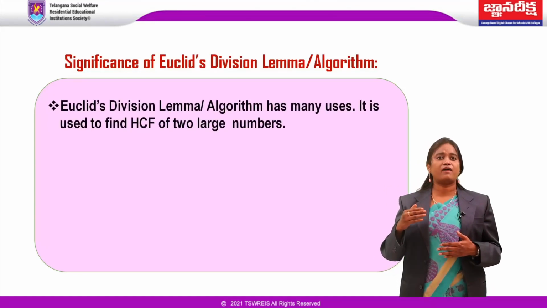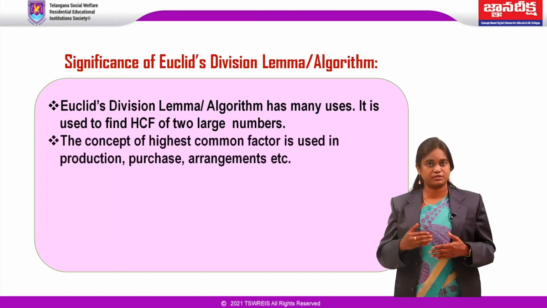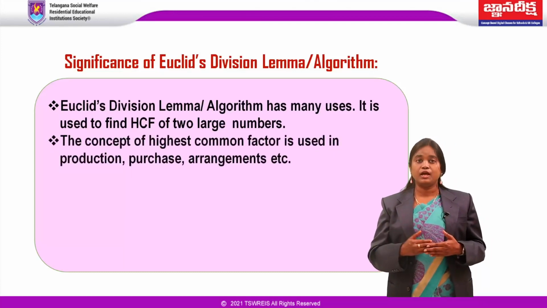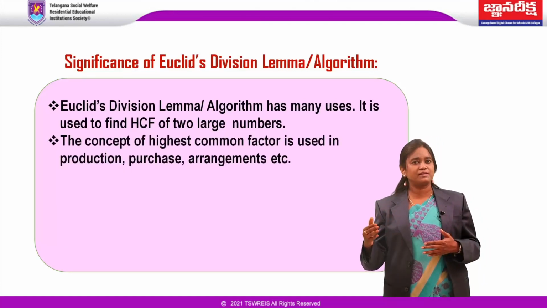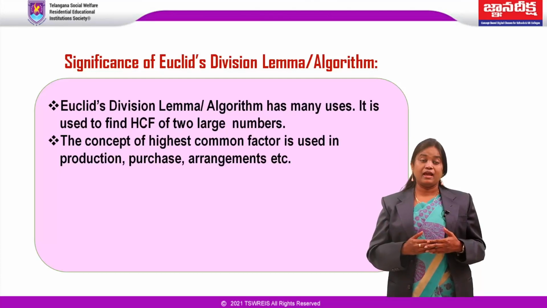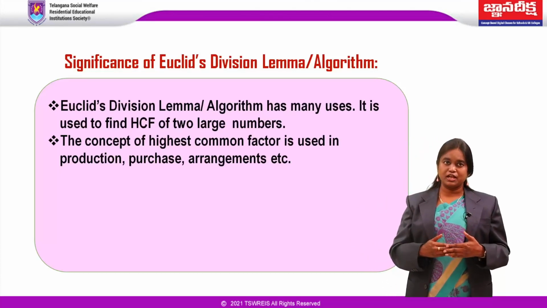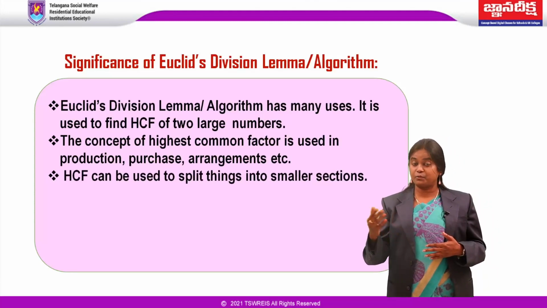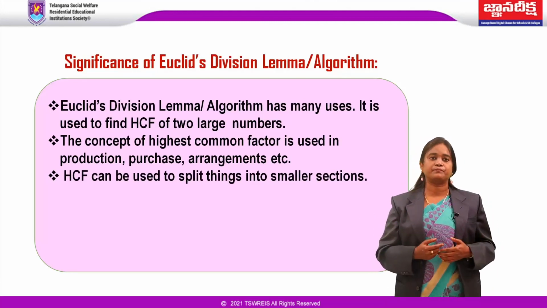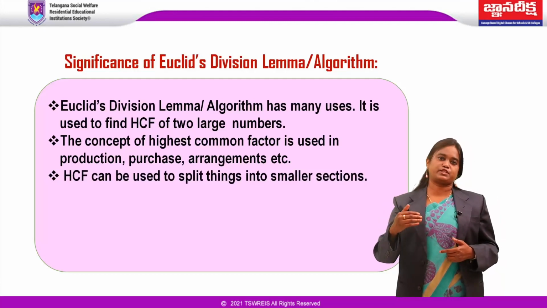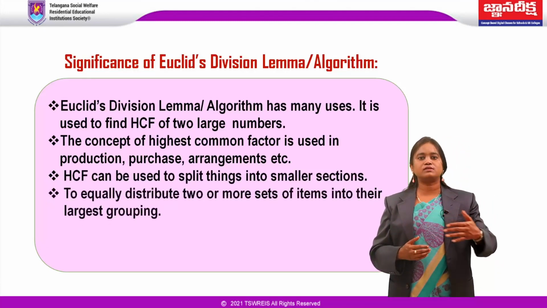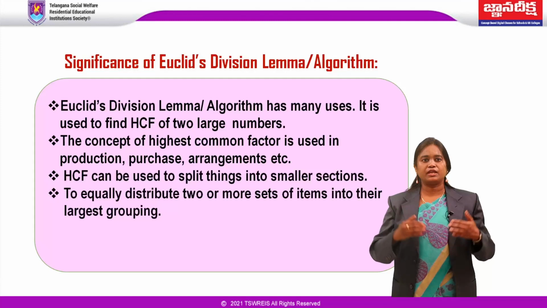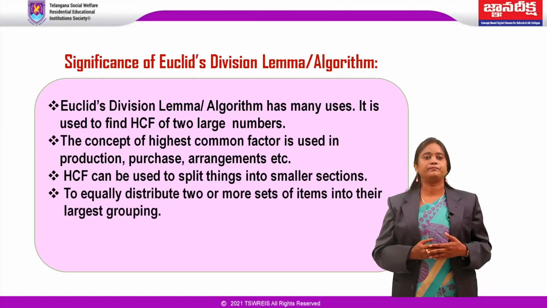The concept of highest common factor is used in production, purchase, arrangements, etc. HCF can be used to split things into smaller sections, like dividing a class into teams, to equally distribute two or more sets of items into their largest grouping.